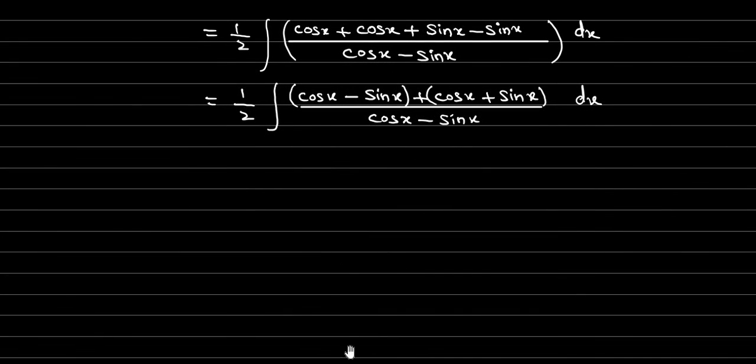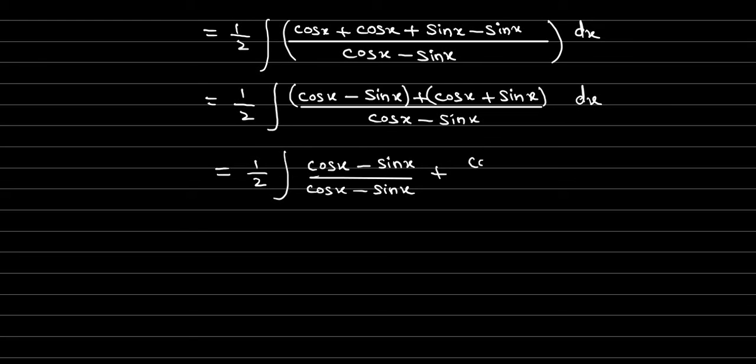Now this denominator I am going to split and write. So integral of (cos x minus sin x) by (cos x minus sin x), plus (cos x plus sin x) by (cos x minus sin x).